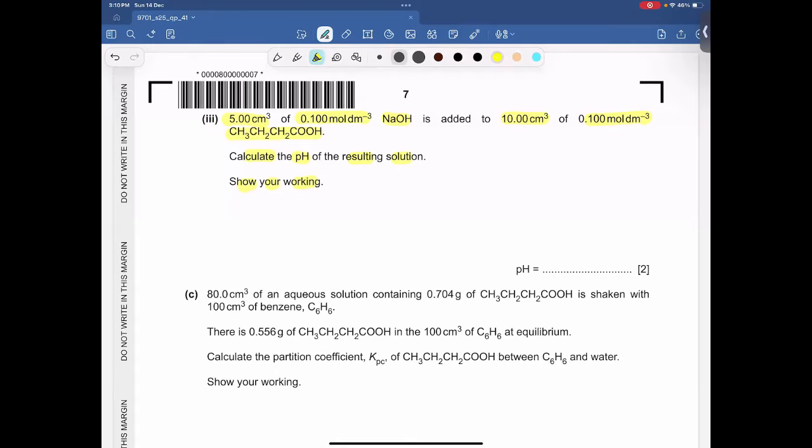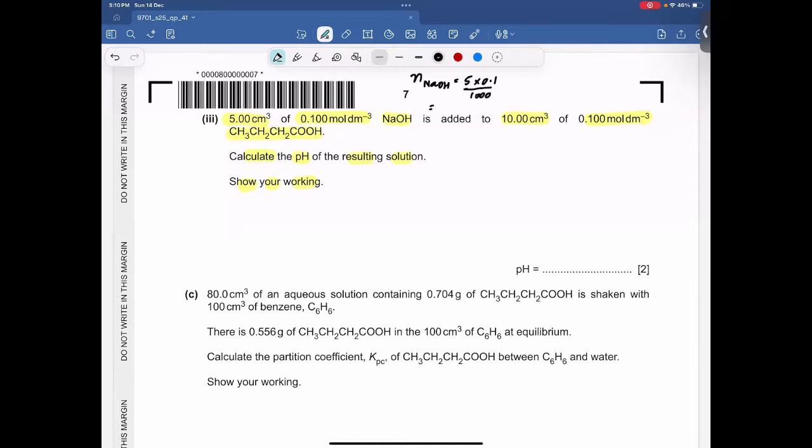My goodness. Oh, for 2 marks, that's a lot of working. Okay, no problem at all. Can do that. Let me find the moles of NaOH first. 5 multiplied by 0.1 divided by 1000.